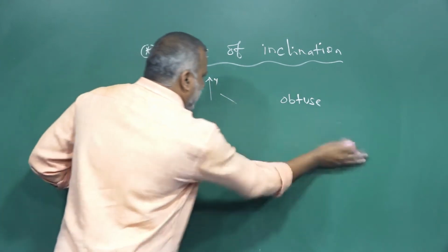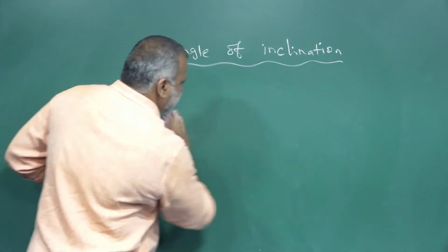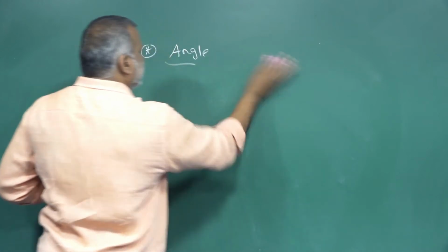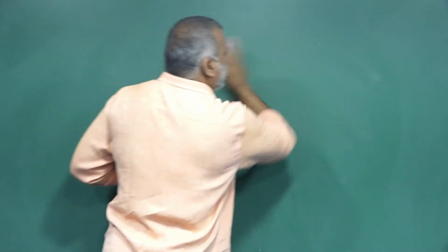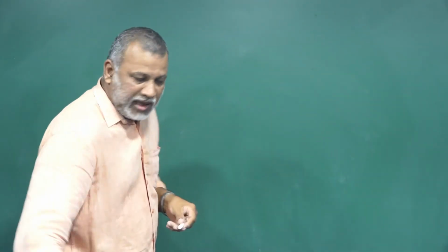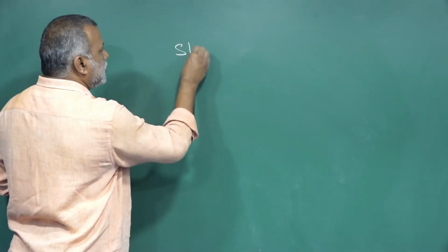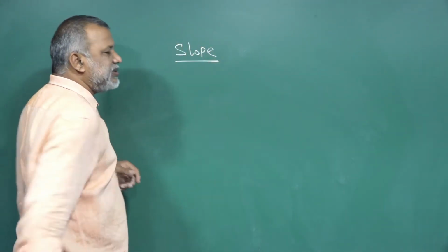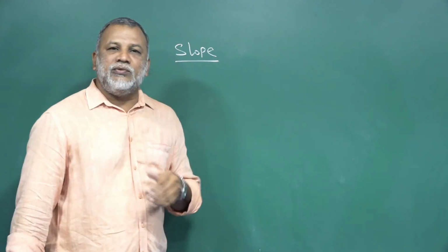Now, what is the use of this angle of inclination? The second word you have to know the meaning of is slope. You use this word in many places. So what is the meaning of slope?